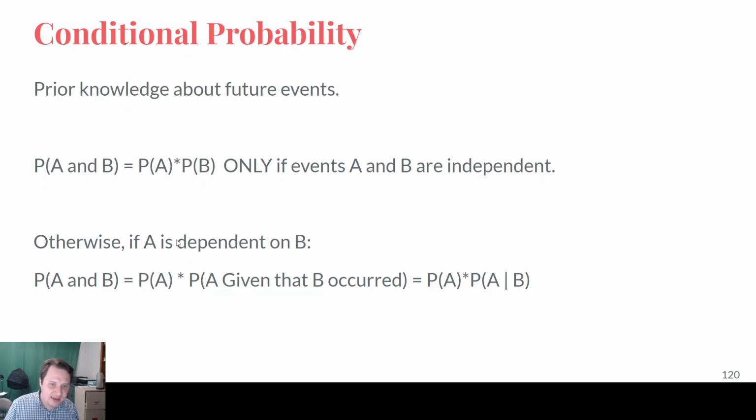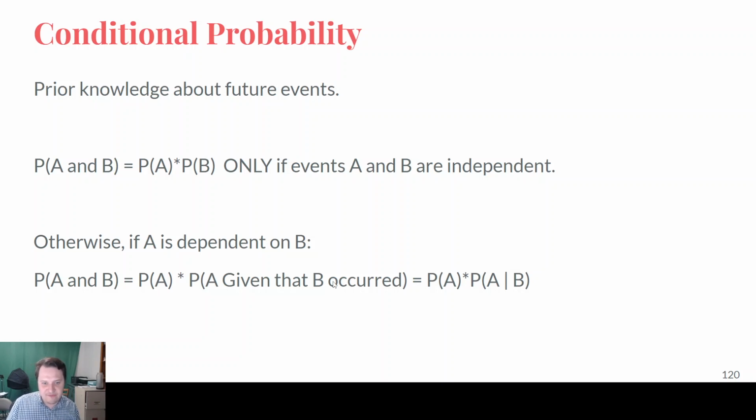However, if A is dependent on B happening, and this is what we've already done with the marbles, where we took a marble out of the bag and didn't put it back, then the calculation for the probability of both of them is the probability of A, the first event, just like before, times, and now you've got to change it, the probability of A given that B occurred. Because B might not always occur.